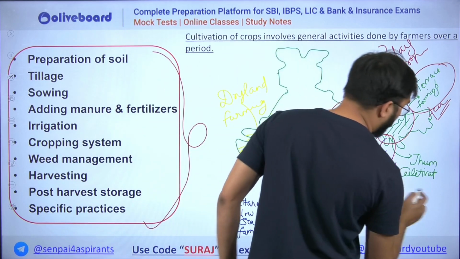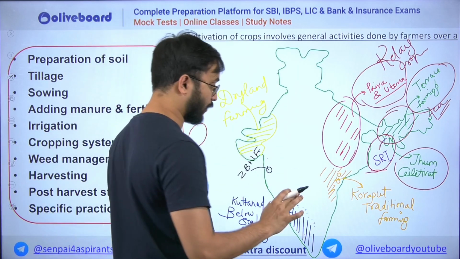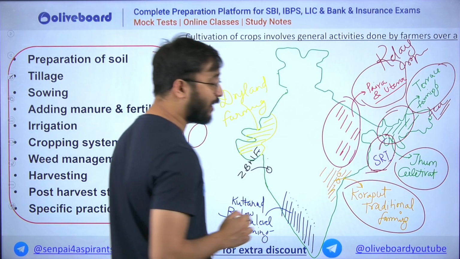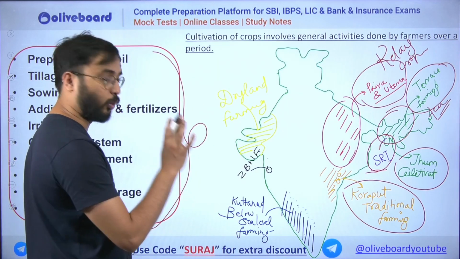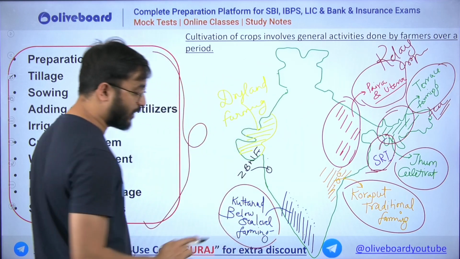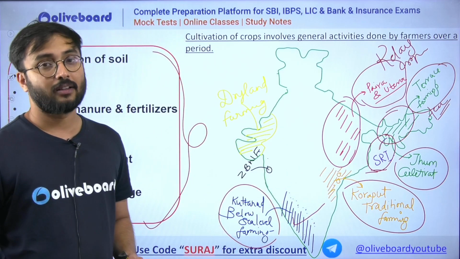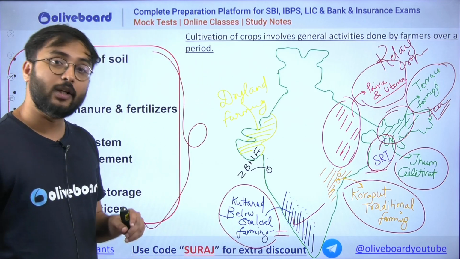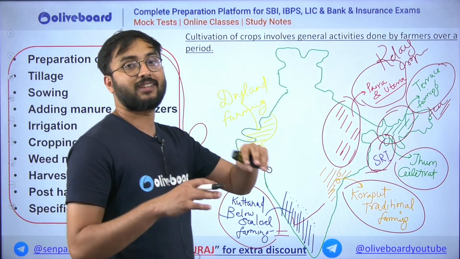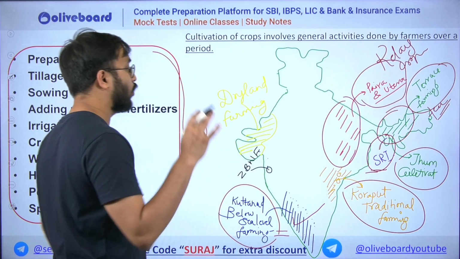We also have jhum cultivation, which happens in the Northeast and is a type of shifting cultivation. Then a traditional agricultural practice like Koraput traditional farming, which happens in Odisha. Kuttanad below sea level farming system, which happens in Kuttanad, Kerala, is a rice cropping method in which the fields are below sea level in the valleys.